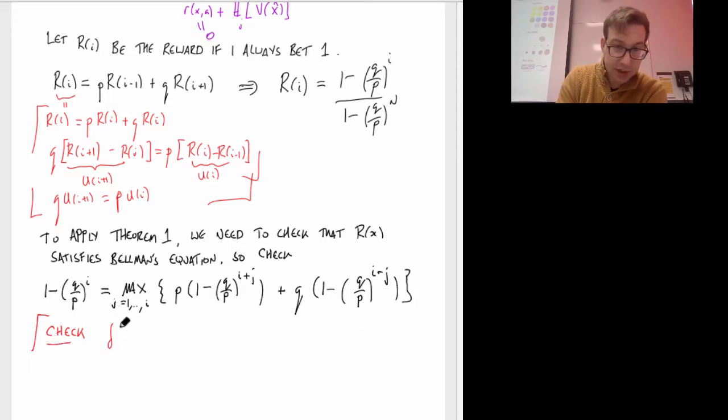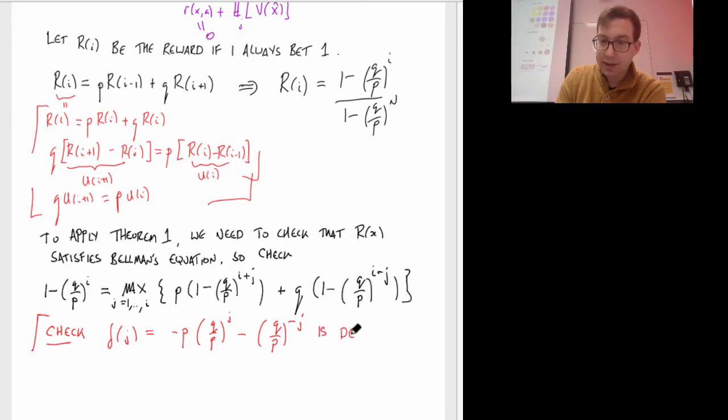In particular, you can check that f of j, which is equal to minus p q over p to the j minus q over p to the minus j, is decreasing in j.